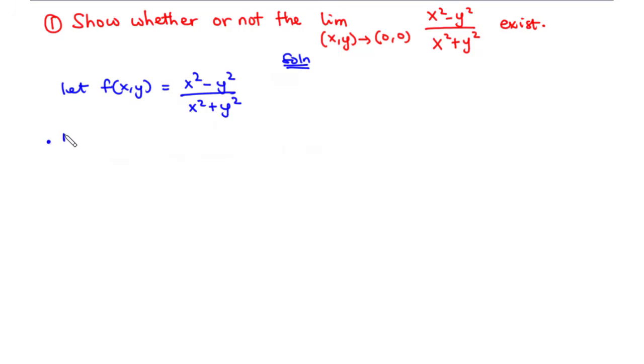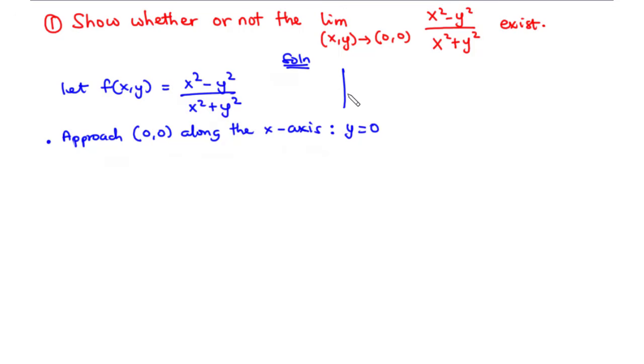The next thing is we are going to approach the point (0, 0) along the x-axis. So that is the first direction we are going to look at. Now along the x-axis, y is equal to 0.